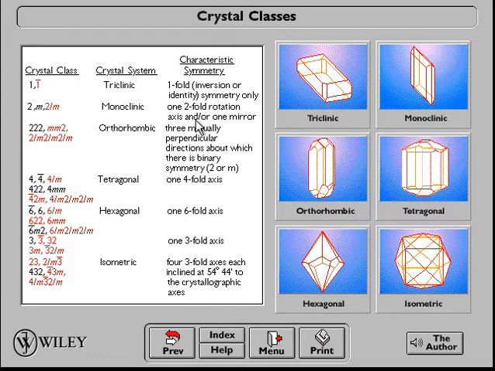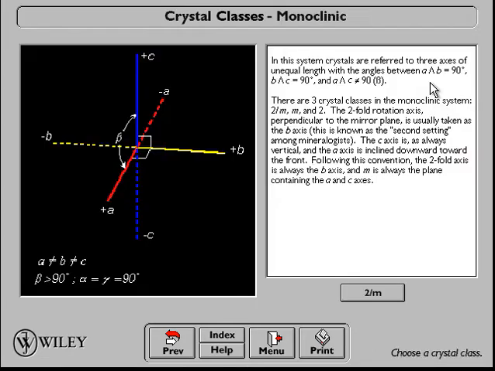So we can have 2, we can have M, or we can have 2 over M. And in this example, what I will show you now, we have a monoclinic crystal with the crystal symmetry 2 over M. Yes, that we have here.